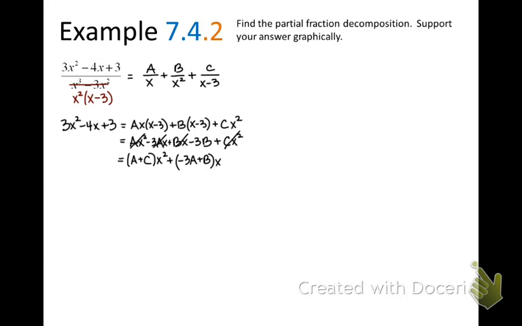What makes up my constant? What's the only coefficient I have for a constant? Negative 3b. Yep. And there's my constant. So I've used everything. All right. Now what? Why did I do that?